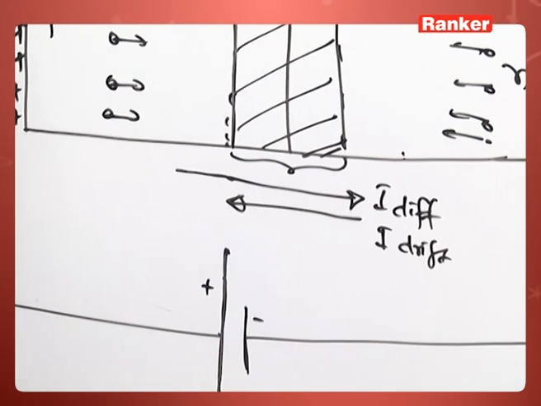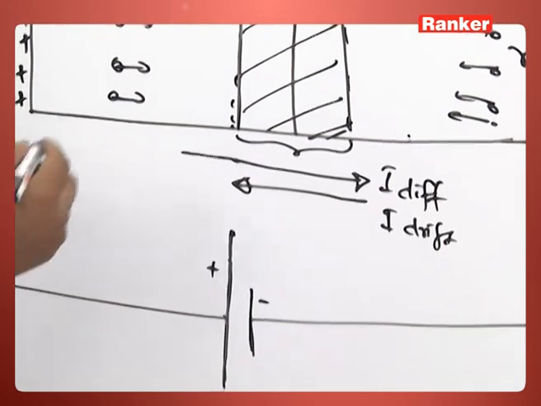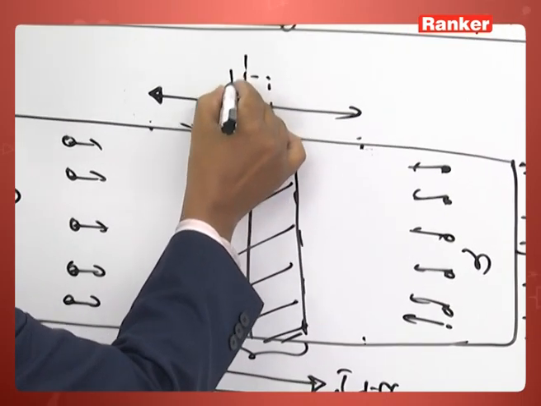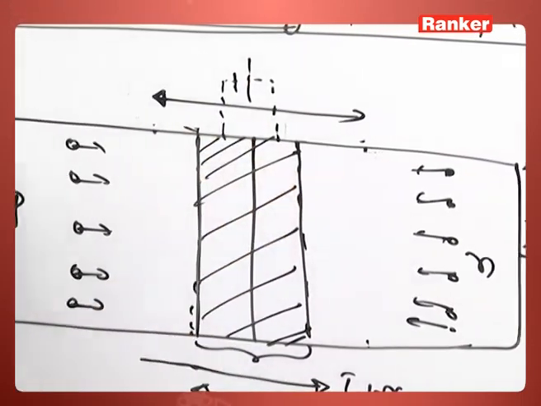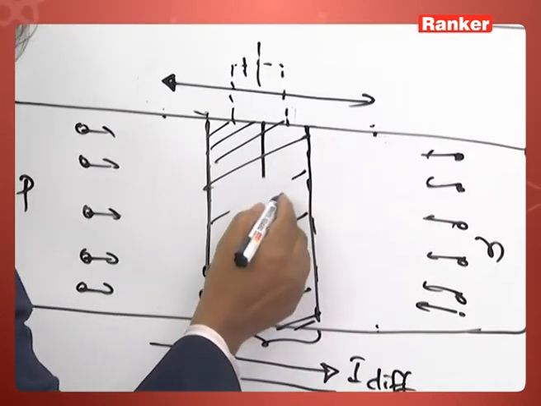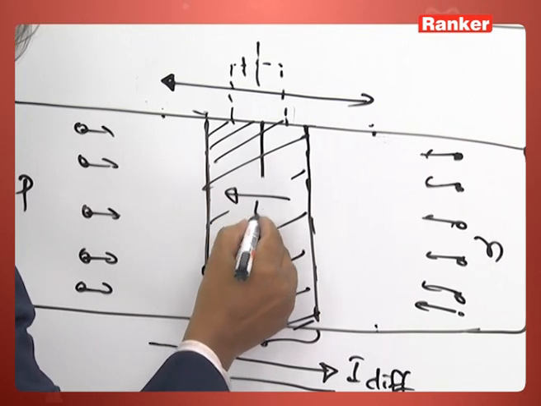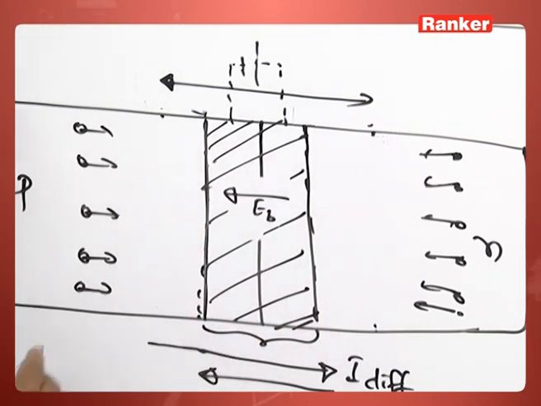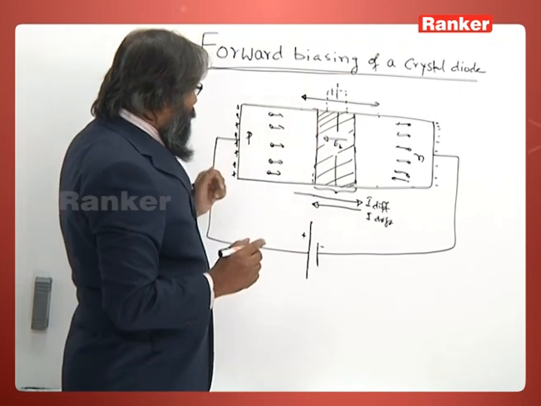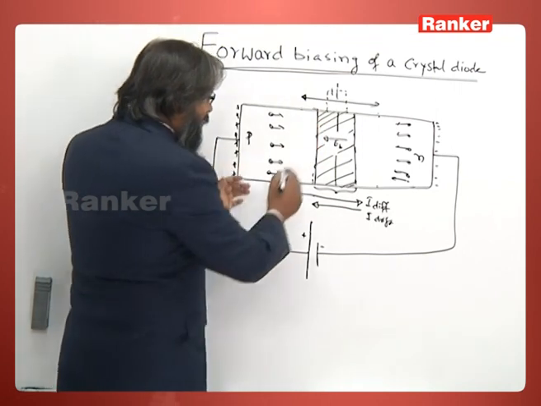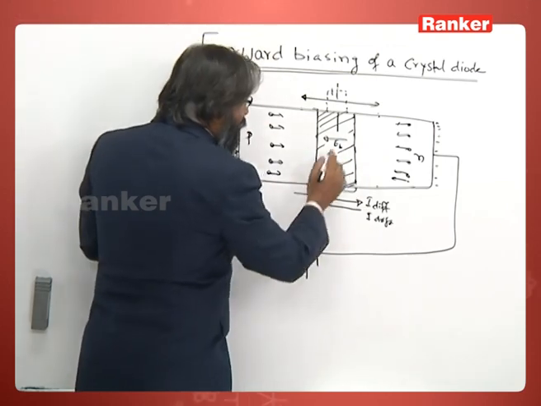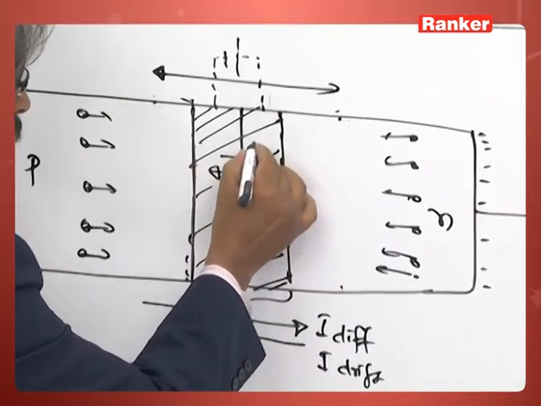Next point, just recall the potential barrier. The potential barrier is here positive and this terminal is negative. That means in this region there is a field in this direction, there is an E barrier, electric field due to this barrier potential. What happens, the field in this direction is reduced because there is an external electric field, let us call this E external.